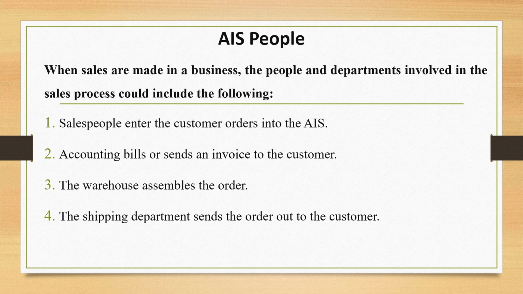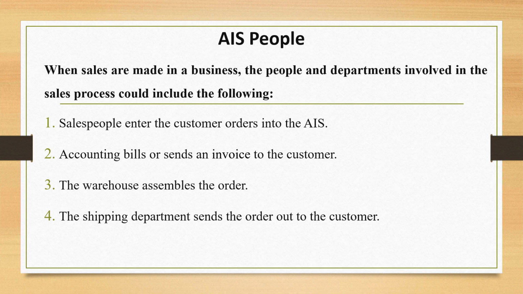When a sales or purchase happens, any transaction in a business, people in various departments are involved in that process. Salespeople enter the customer order into the AIS. Then accounting sends the bill or invoice to the customer.